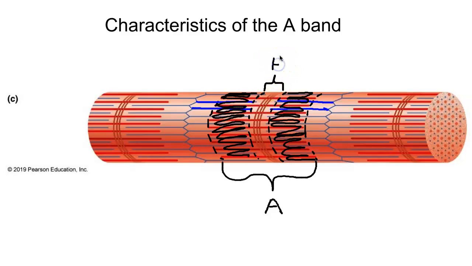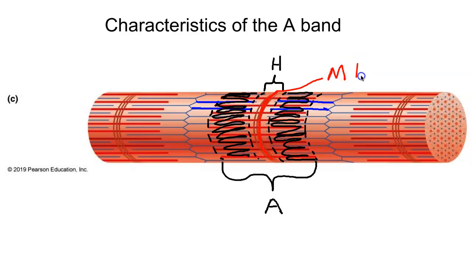And that's called the H zone. The H zone is a lighter region right in the middle of the A band. In addition, using an electron microscope, you can actually see the protein that's anchoring the thick filaments in place. That line that's right in the middle of the H zone is called the M line.